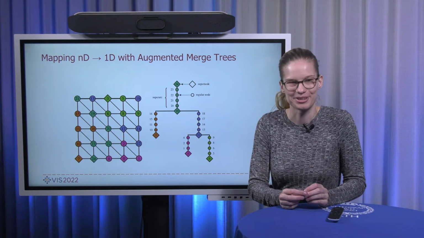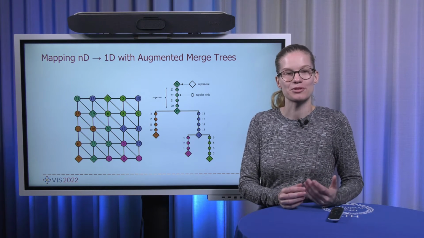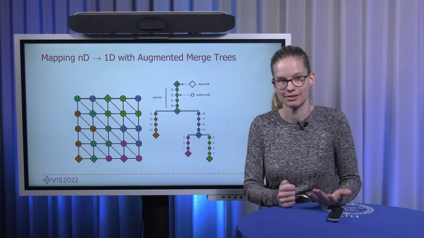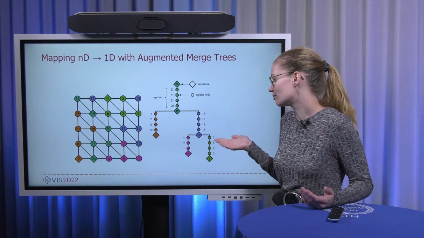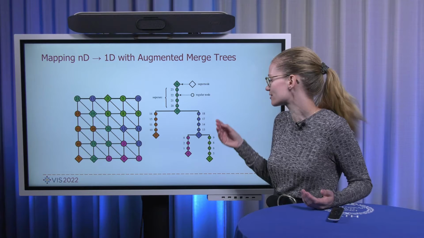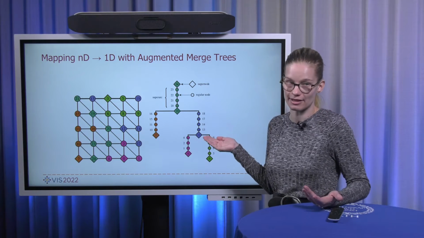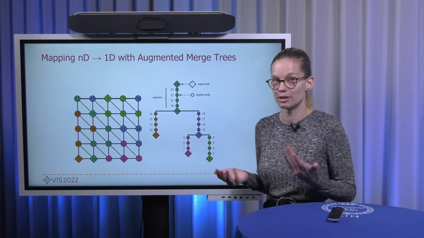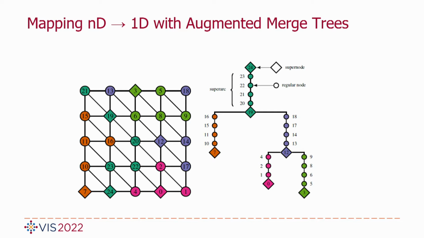The augmented merge tree is a data structure that captures the hierarchical nature of the features in a dataset quite nicely. Its leaves are minima or maxima of the dataset, its inner nodes are the saddle points, and its root is either a maximum or a minimum. All of the vertices in between are part of the connected components that are associated with those critical points.